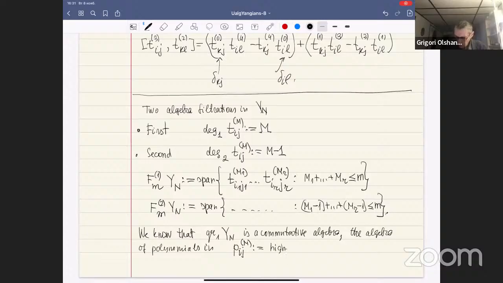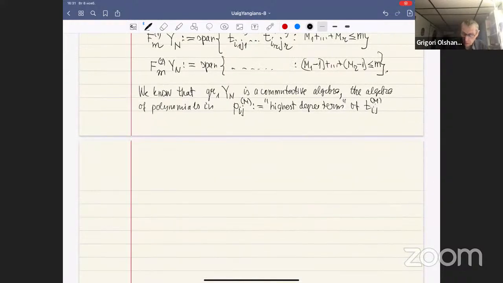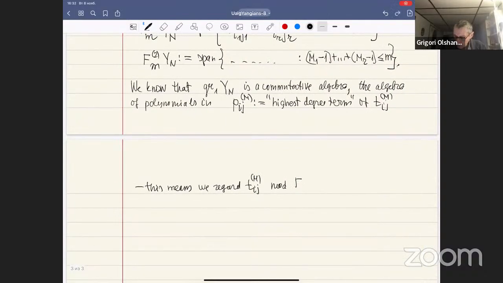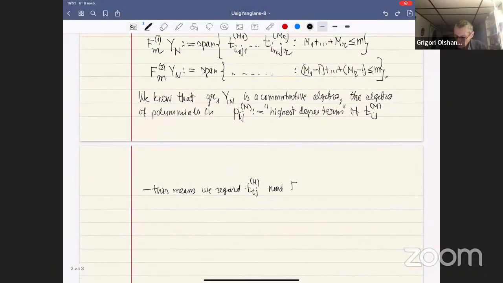This is the highest degree term of our generator of a Yangian, which means that we regard our generator modulo the filtration term of degree m minus 1. So this is my notation.